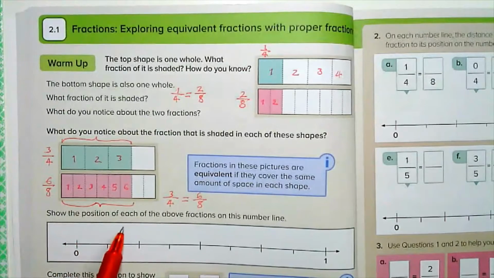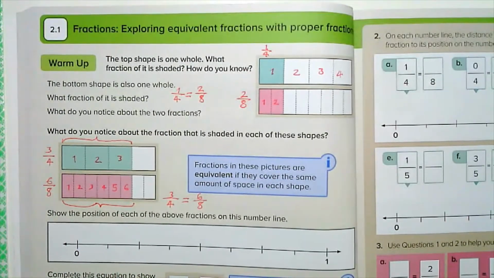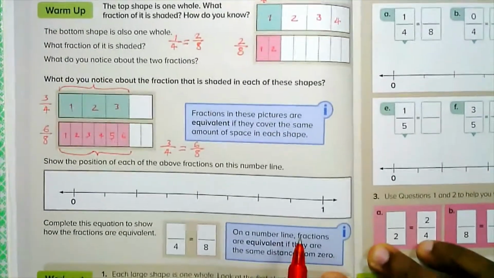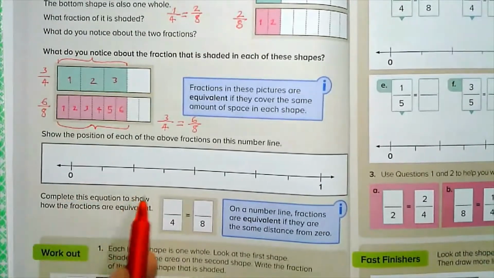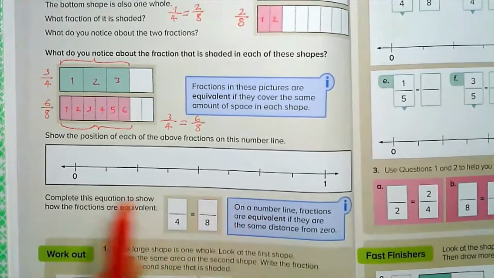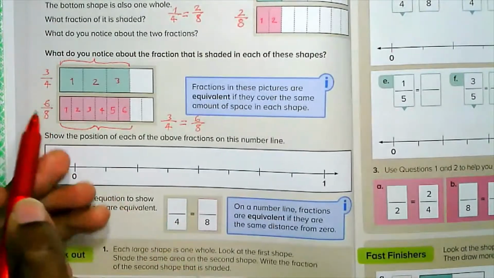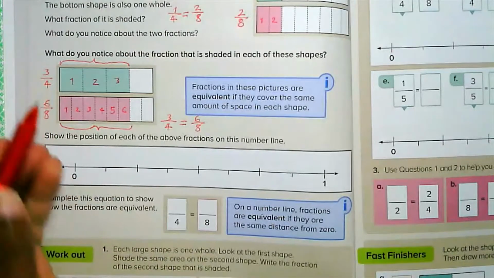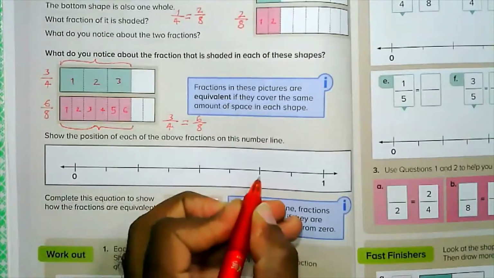Show the portion of each of the above fractions on this number line. You can see from 0 to 1. So the portion that is shaded is 3/4. So we have 1, 2, 3.